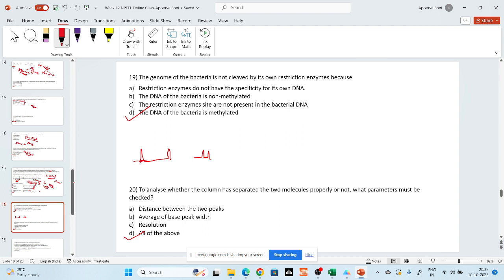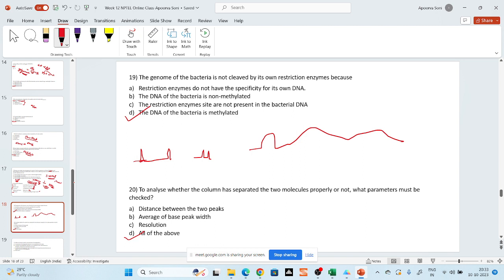So the resolution is directly proportional to the distance between the two peaks, and inversely proportional to the average of the base peak width. If you have very broad peaks like these, that means the resolution is not proper. There is also a term known as peak broadening, and experimentally you try to standardize so that peak broadening is minimized.